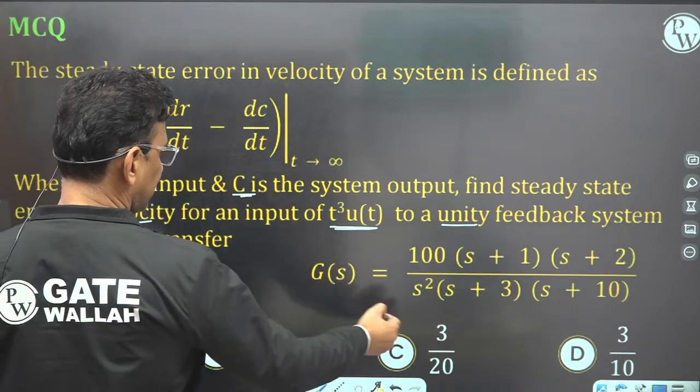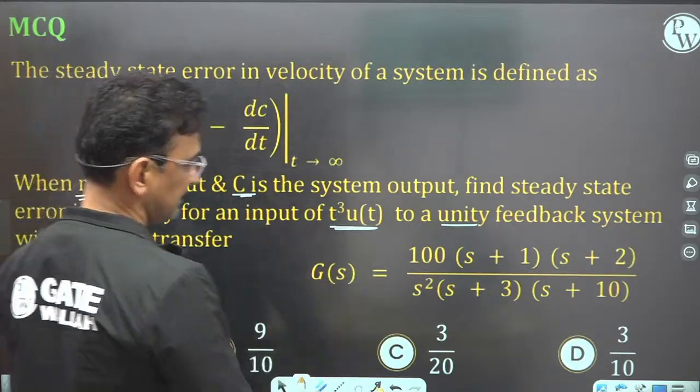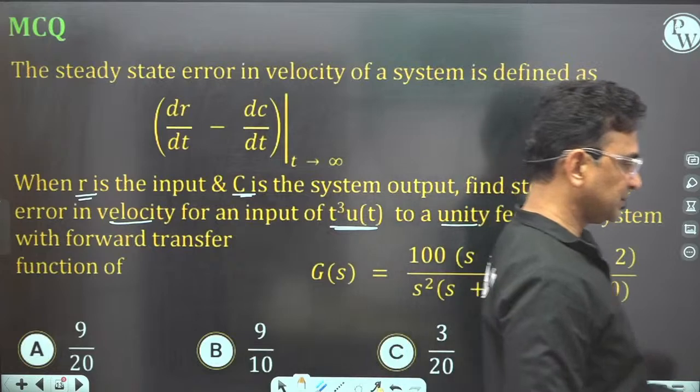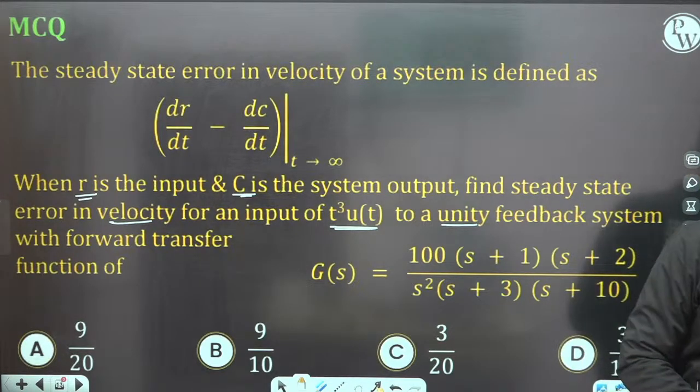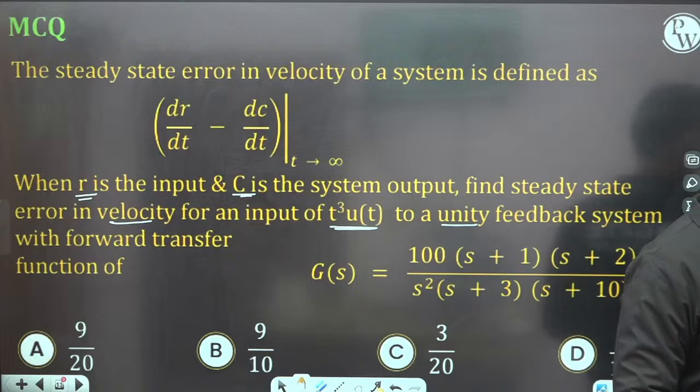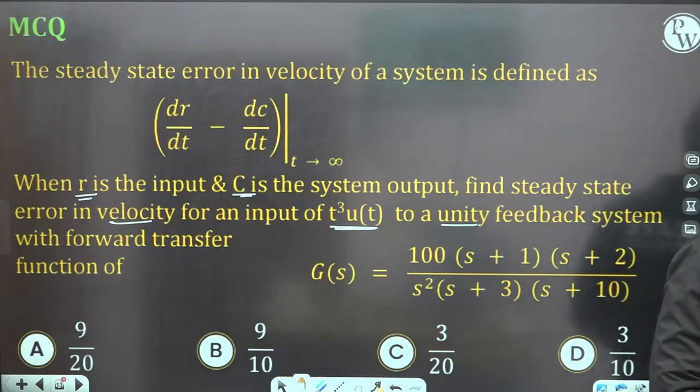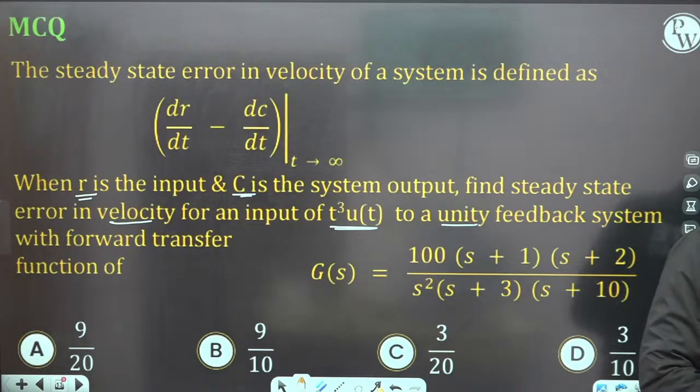The forward path transfer function of the system is given here. So it is not a normal steady state error, it is a steady state error for a velocity, derivative of input minus derivative of output when time t tends to infinite. That you have to find out.